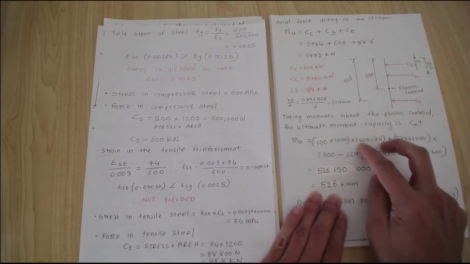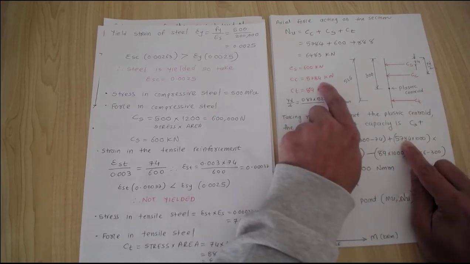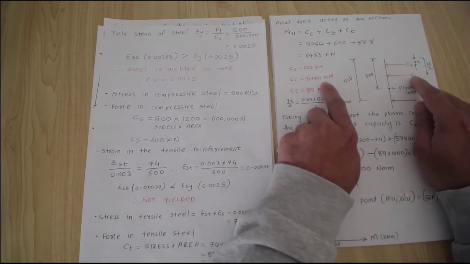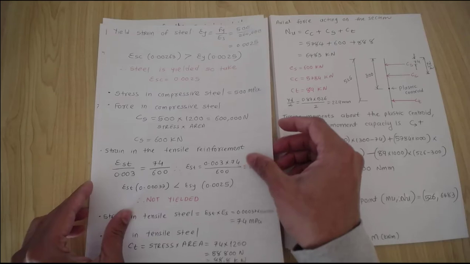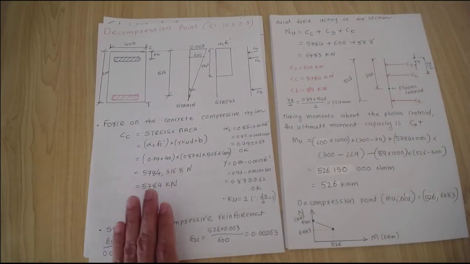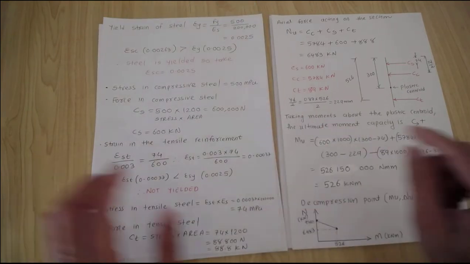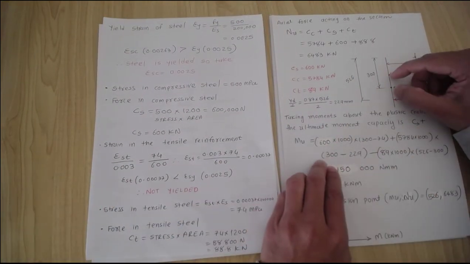So this is force times distance to the plastic centroid, plus 5784 kilonewton. That 5784 is the compression force in the concrete, which we calculated in the previous video, so I use it here, times 1000 to convert into Newton, times the distance from this force to the plastic centroid.